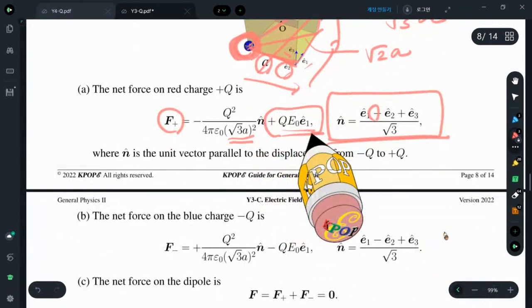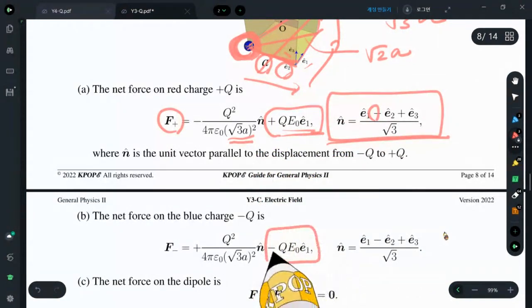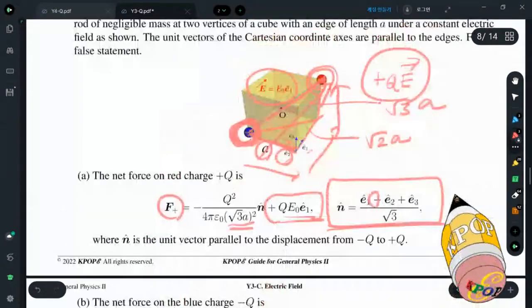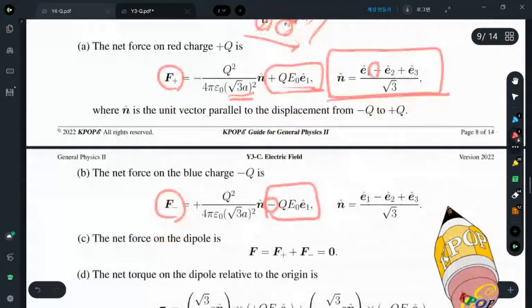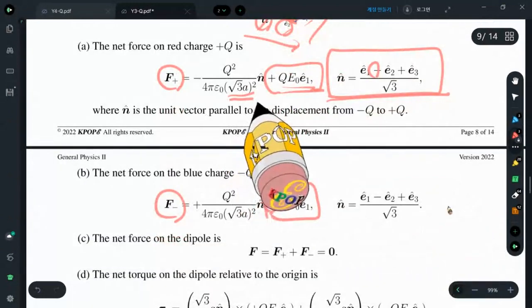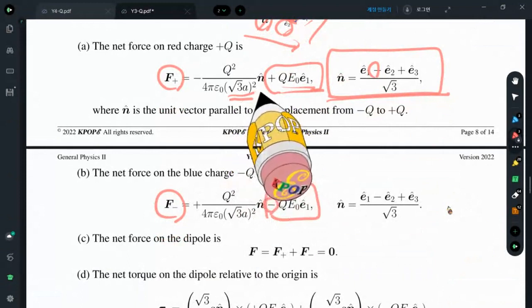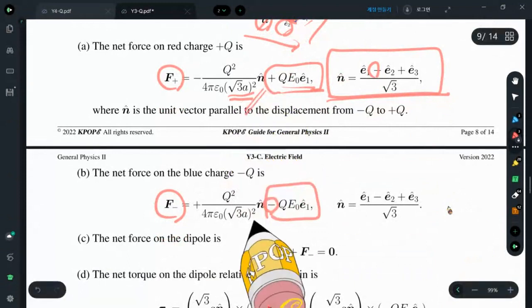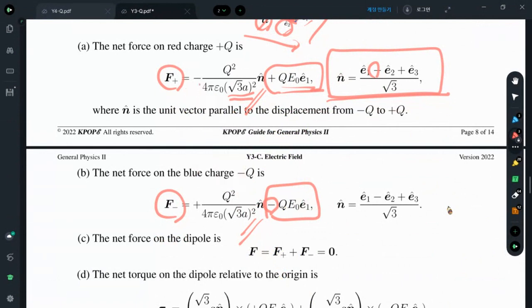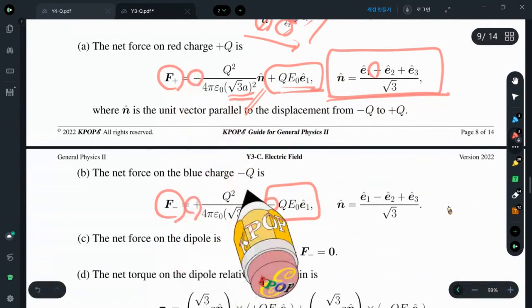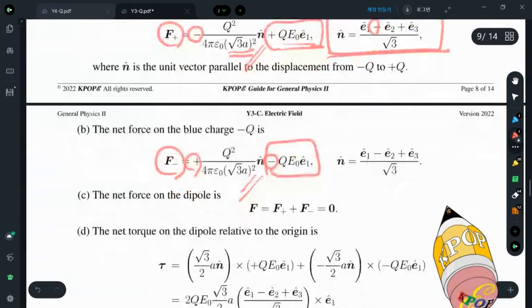The contribution of the external electric field is the same except that we have a negative sign on it, and the contribution of the positive charge in here, we don't have to compute it again. We can apply the action-reaction law. So flip the sign, then they are the same.